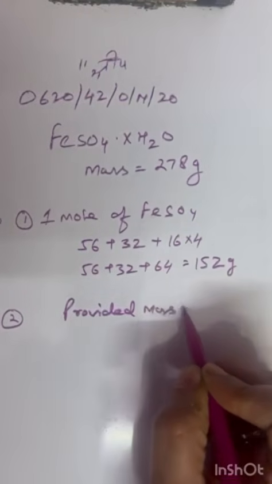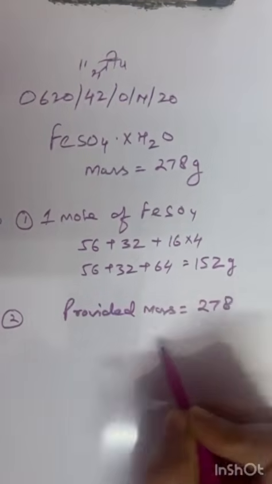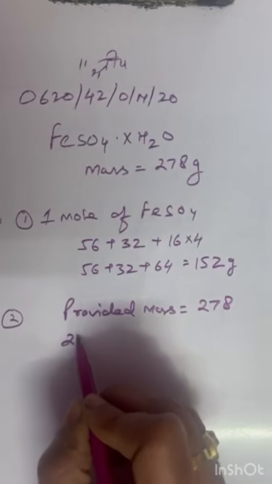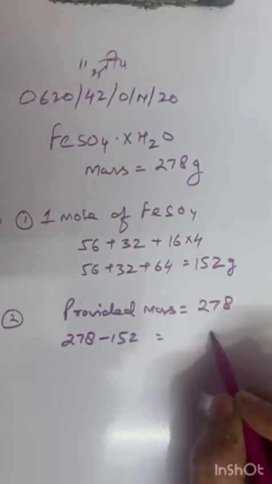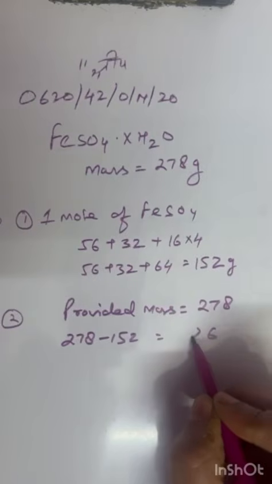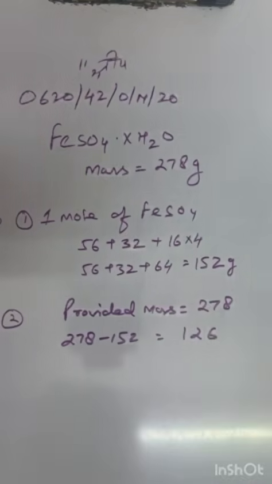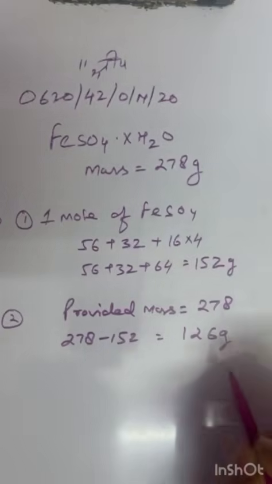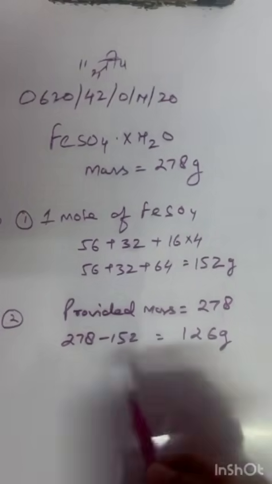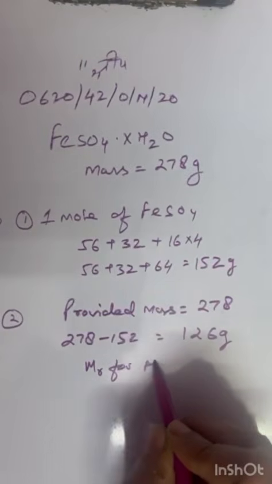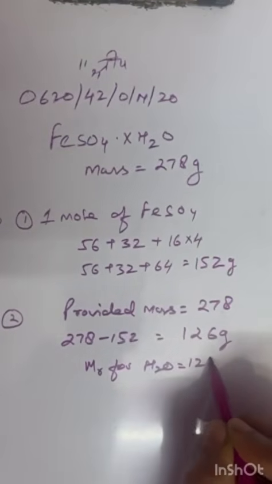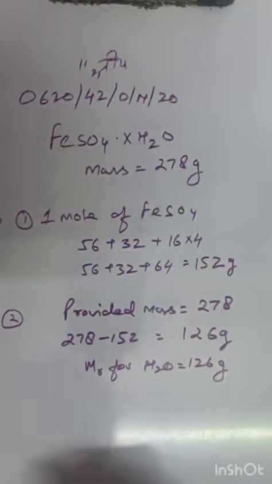So what I'll do is I will subtract 152 from this. So the remaining mass I get is 126 grams. So it means that it will be for water. So this is Mr for H2O, that is 126 grams.